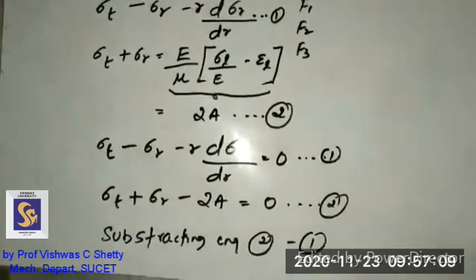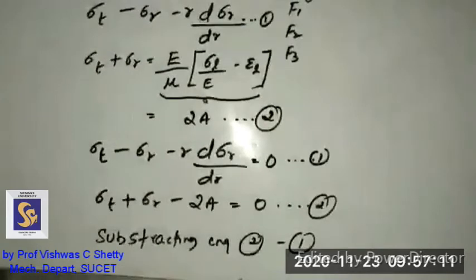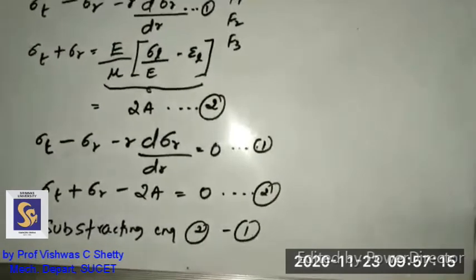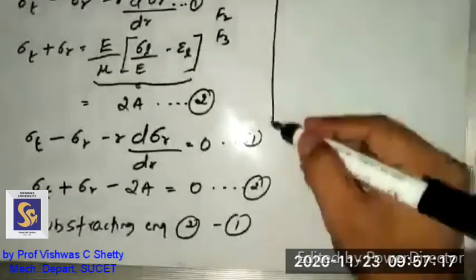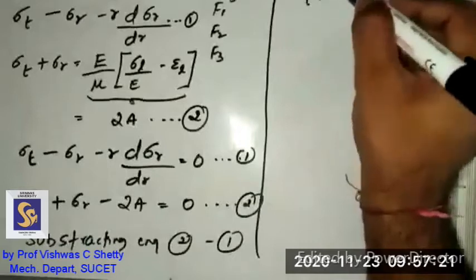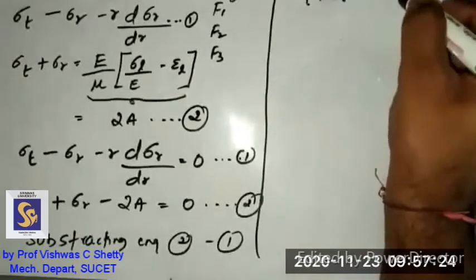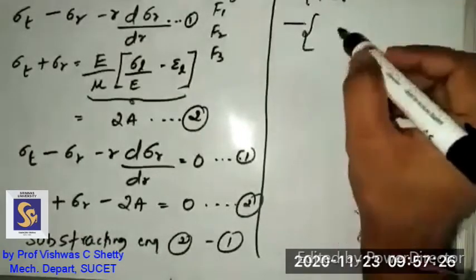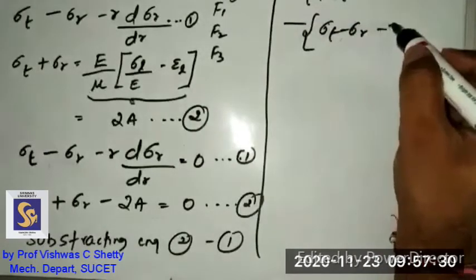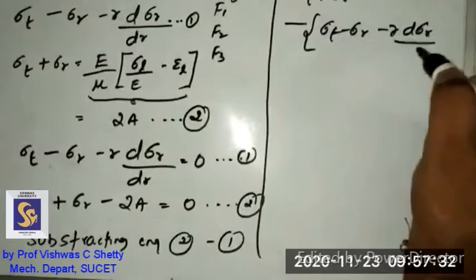Subtracting equation 2 minus 1, what will you get? Equation 2 minus equation 1, sigma r minus r d sigma r upon dr.